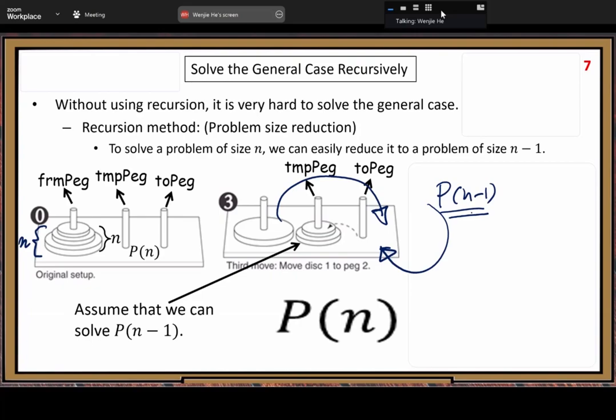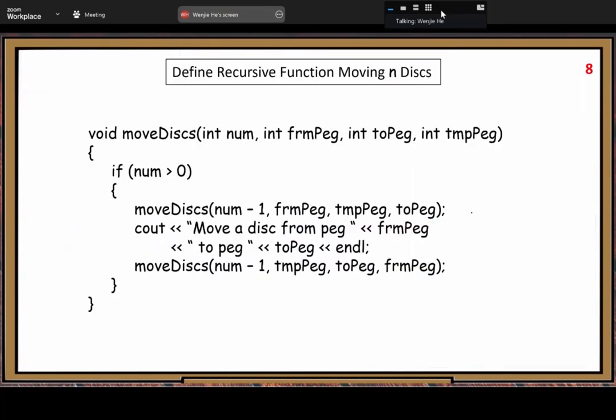Look at this pseudocode for moving n disks. We define a function. Here I use C++, because I took this example from the 2250 class. I taught that class many years ago. So I took it from there.